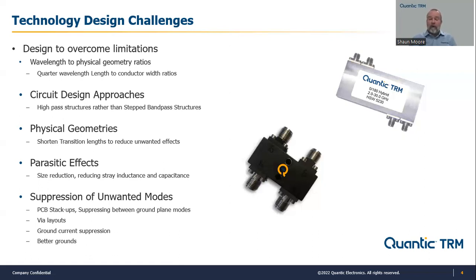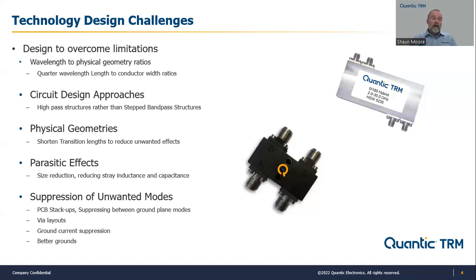Another thing we have to look at now is suppression of unwanted modes. As the frequency gets higher and the wavelength gets shorter and shorter, extra space around the circuit is an invitation for a higher order mode to begin to propagate and begin to have problems.